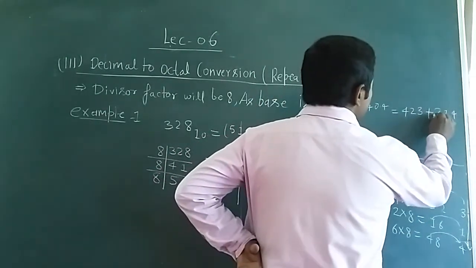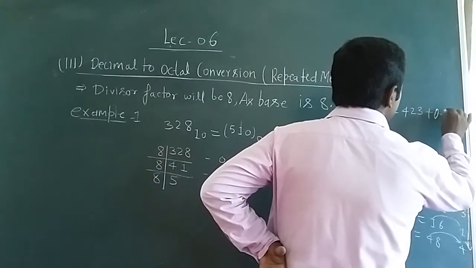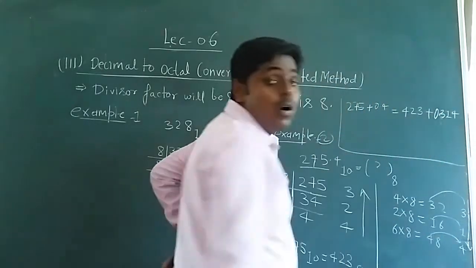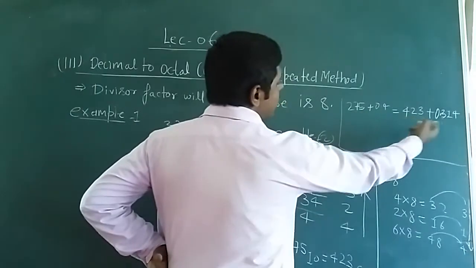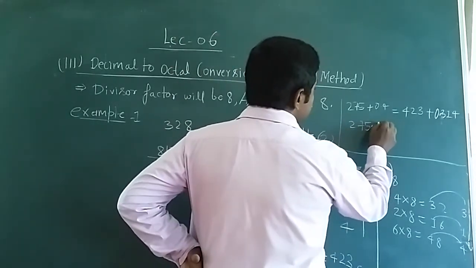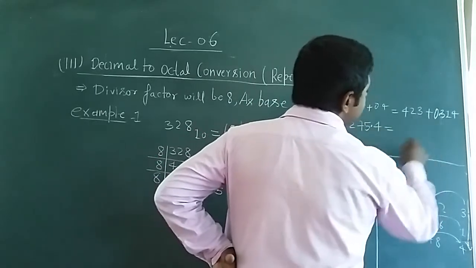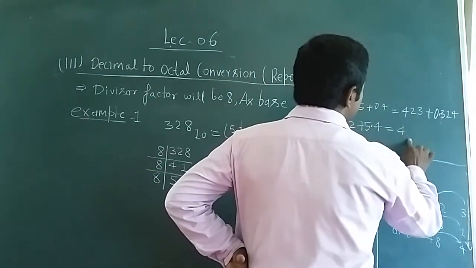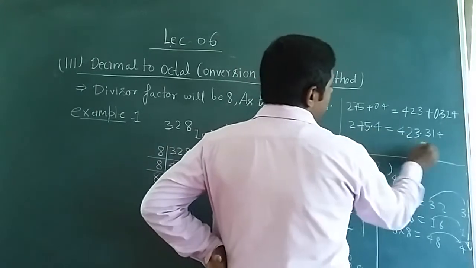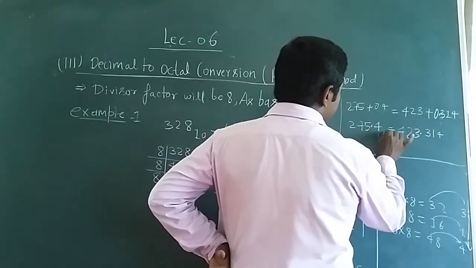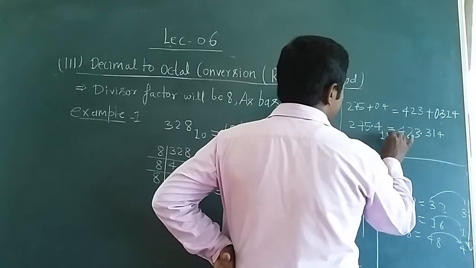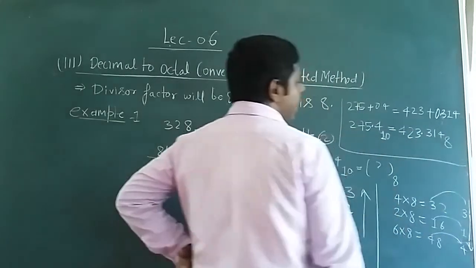Now add these numbers. So here we will get 275.4 equal to 423.314, and here the base will be 10, and here the base will be 8.